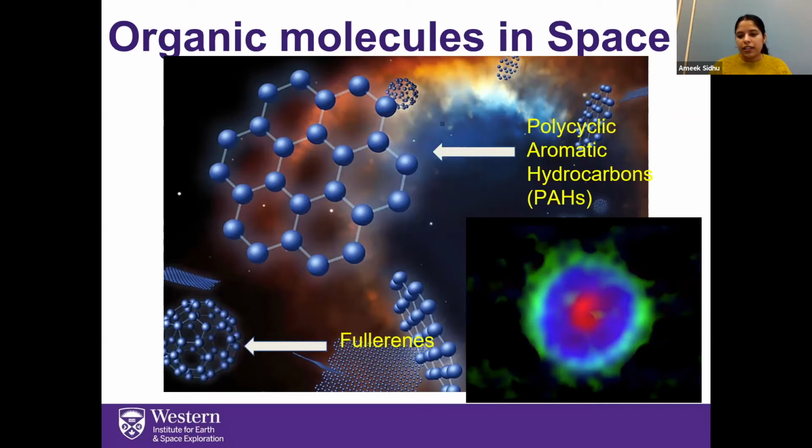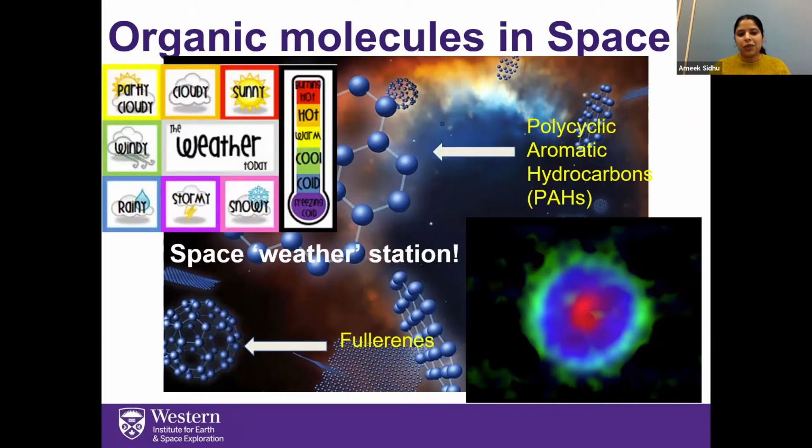But this also has an additional advantage: we can build a space weather station, because these molecules are very sensitive to the physical conditions of the region. So imagine a station where we just look at the light coming from those molecules and say, okay, if this much light is coming, the temperature of that region is X, not very hot, or if the light is more, the temperature of that region is higher.